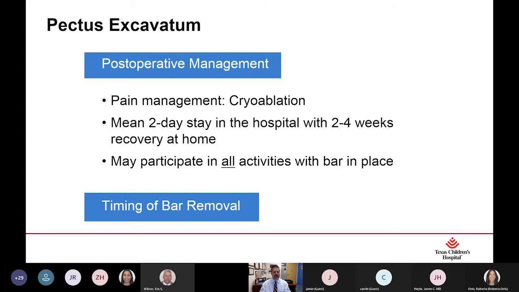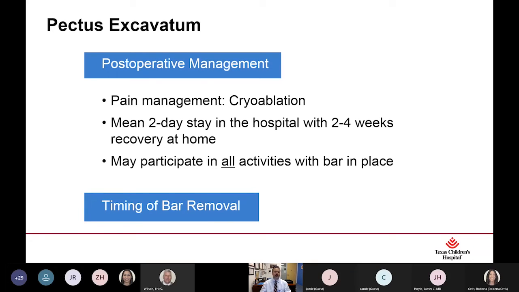About 3 years ago, we decided to change our pain management because our patients were having to stay about 6 days. And that was regardless of what technique we used. You know, thoracic epidurals, nerve blocks, PCA pumps, On-Q pumps, all sorts of things. So we added this new technique, which is actually not new, it's been around since the 60s, but it's new for pectus.